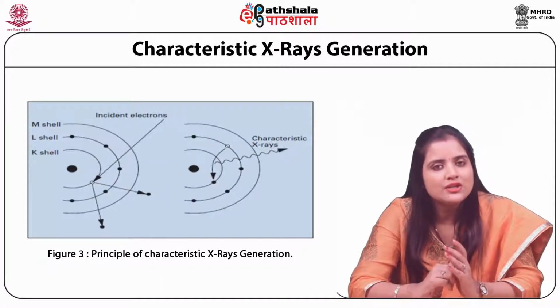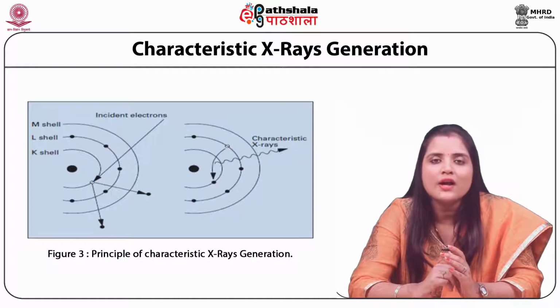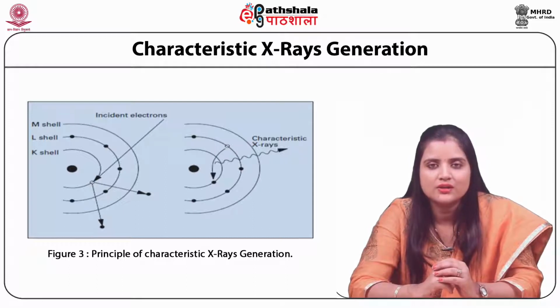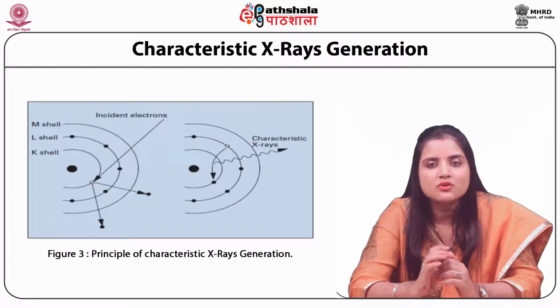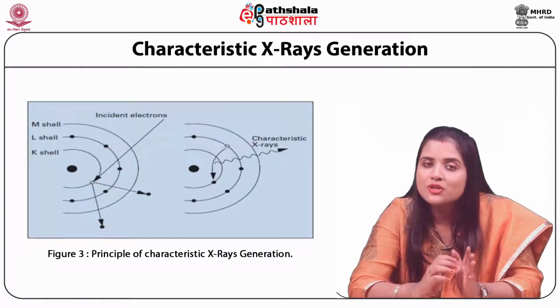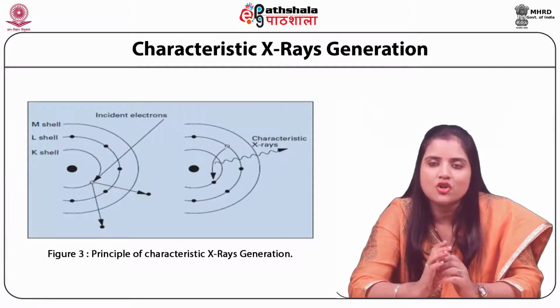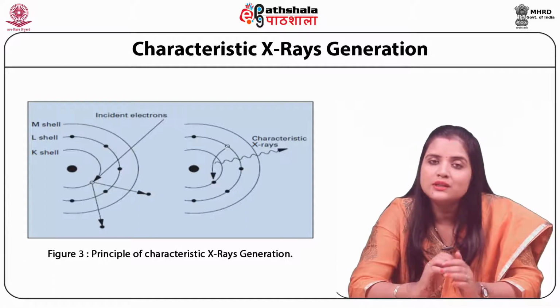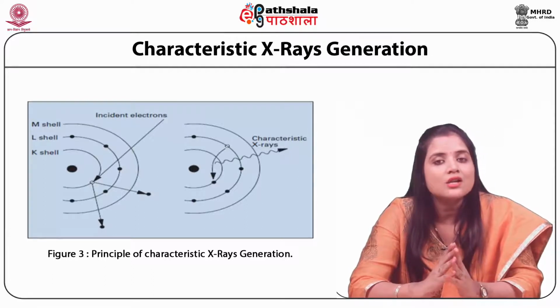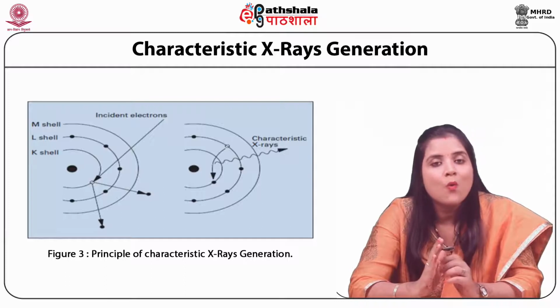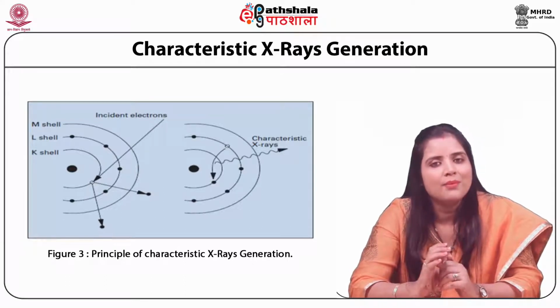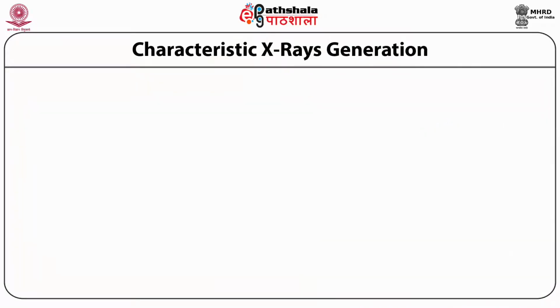Therefore, incident electrons of higher energy are required. Different types of X-rays are emitted when incident electrons strike the atomic nucleus, and these are known as continuous X-rays, white X-rays, and background X-rays.